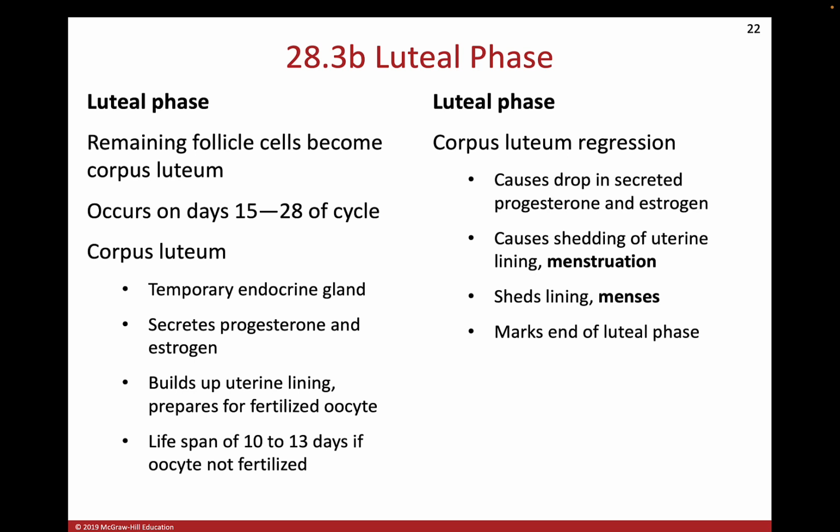At the end, the corpus luteum will regress. This results in a drop in the amount of progesterone and estrogen being secreted. This will trigger the shedding of the uterine lining, and this is known as menstruation. The lining is shed during the menses, and this marks the end of the luteal phase.